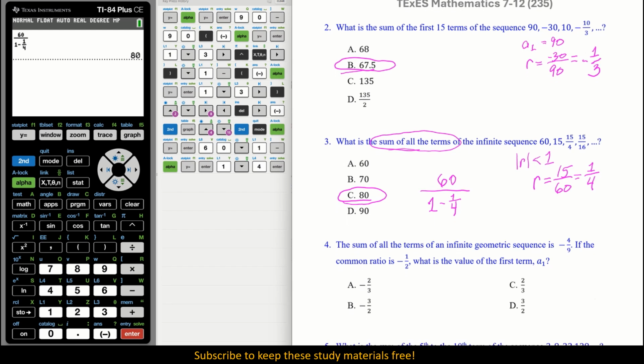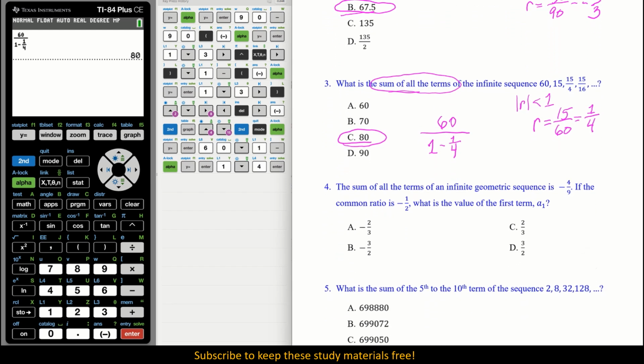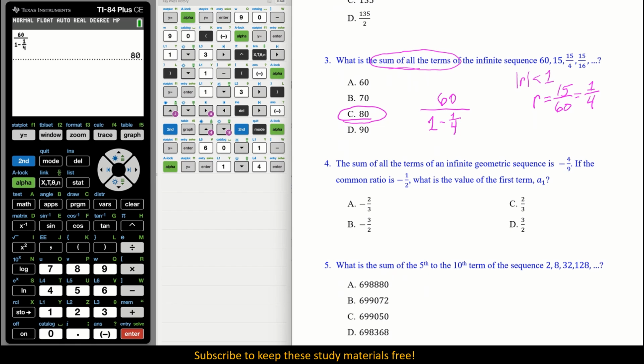Now let's look at number 4. We saw 4 and 5. Okay. Number 4, the sum of all the terms of an infinite geometric sequence is negative 4 over 9. Okay, so we're going to use the prior formula, and let me just quickly set it up. That's negative 4 over 9.